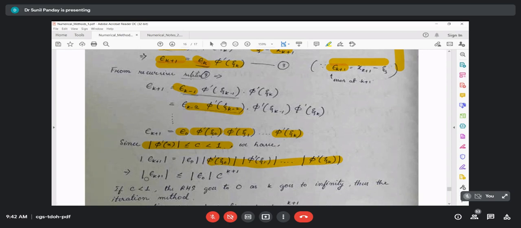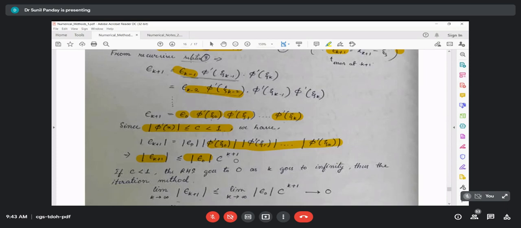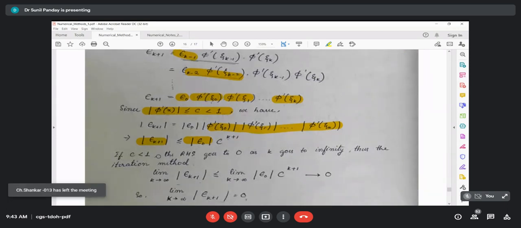So the absolute error at the k+1th step, absolute value of epsilon_{k+1}, is less than or equal to the absolute value of epsilon_0 times c raised to the power k+1. Now you know that c is less than 1, because c bounds the absolute value of phi dash of x, which is less than 1.